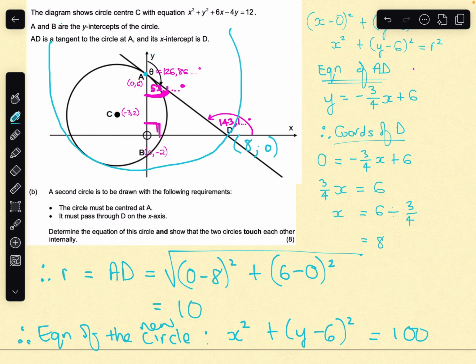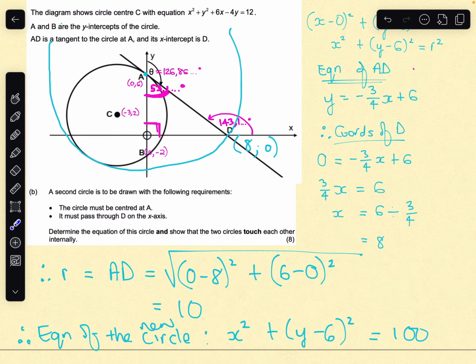So it's going to touch this circle like that, just once, and specifically internally. Okay, I need to take a bite of my lunch while I think about this.